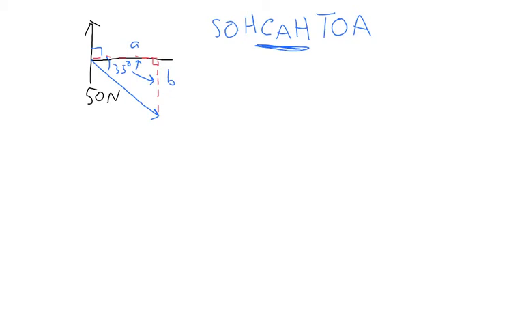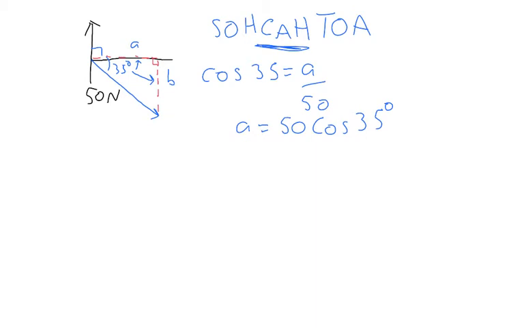Adjacent and hypotenuse, that's cos. So cos 35 equals A over 50. A equals 50 cos 35. A equals 40.96. So that's the value of A.